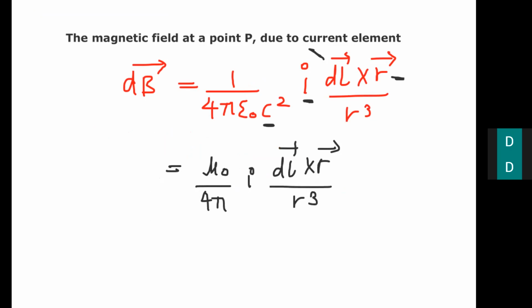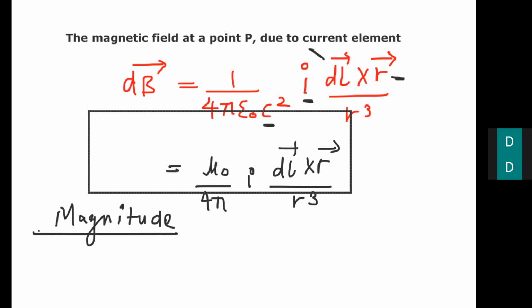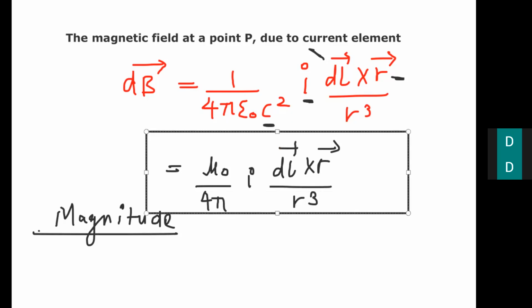But now we can further write it in terms of the magnitude. You should know that this particular equation we wrote over here is the mathematical form of Biot-Savart's law, but I am writing it in terms of the magnitude.